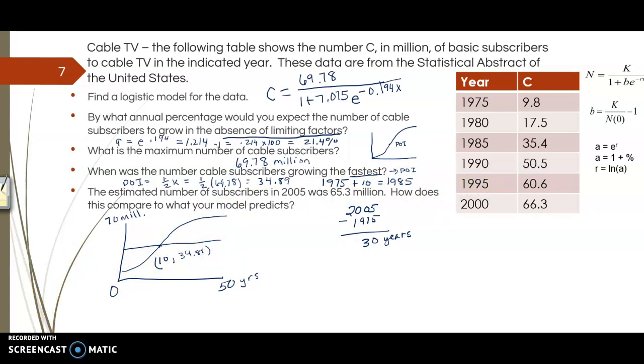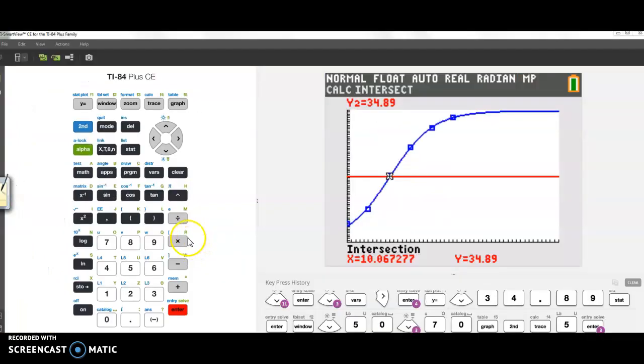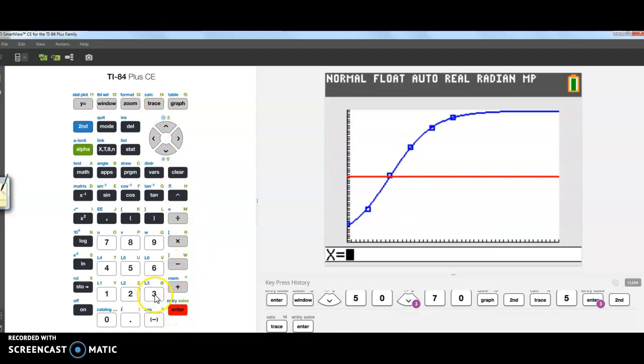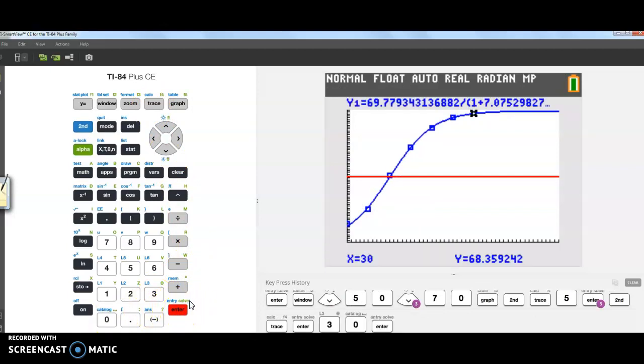So we said the 30 is an x value, and our calculator lets us look that up right here on the graph. So second, trace, we want a value, and we want 30. And so there it is, prediction of 68.36.